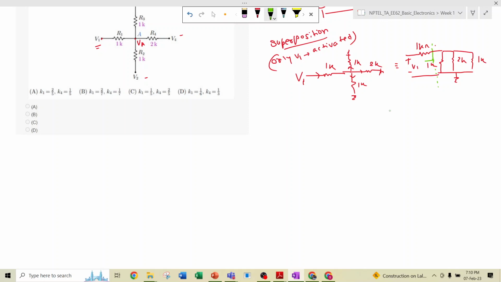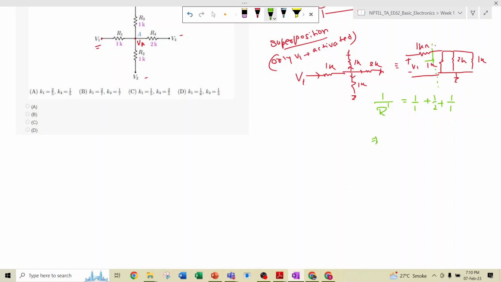So the equivalent resistance till this point, that is R dash, will be 1 by R dash is equal to 1 by 1 plus 1 by 2 plus 1 by 1 kilo. You know how to find the equivalent resistance for parallel resistors.